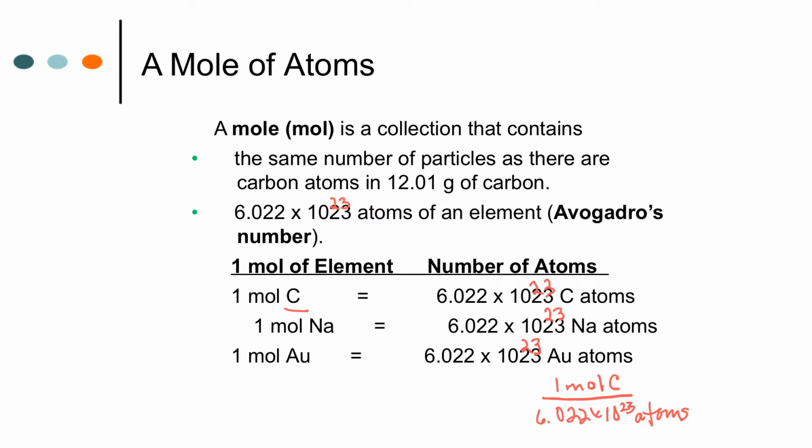What if we're solving, instead of moles, for atoms? So we could also flip that around and say we have 6.022 times 10 to the 23rd carbon atoms over 1 mole of carbon. So these would be your conversion factors that you can use as a result of this quantity, Avogadro's number.